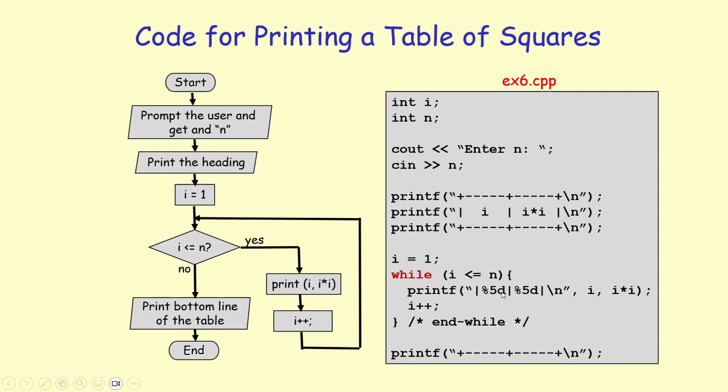D is the decimal. And we're using the printf statement to print the value, which is right aligned, right? And we increment the loop counter. When we are done, we need to print the bottom of this table, which is the footer, you could say.